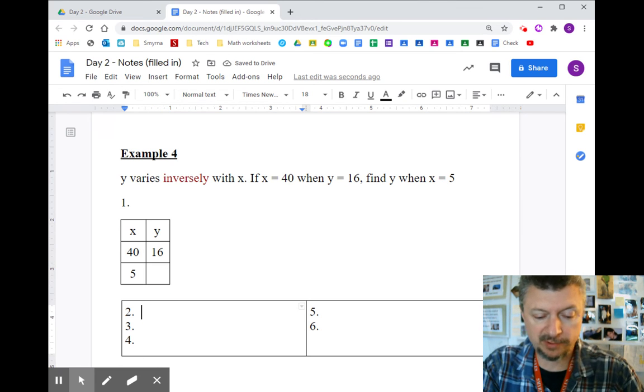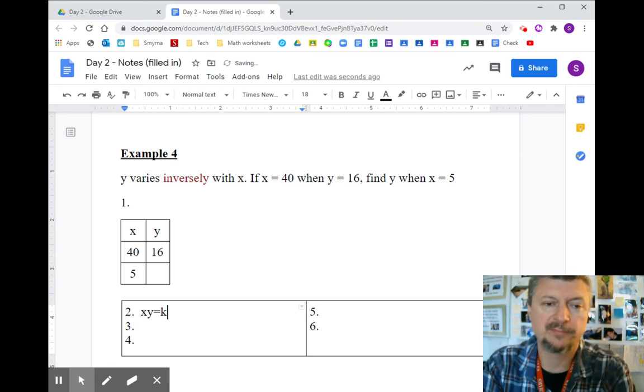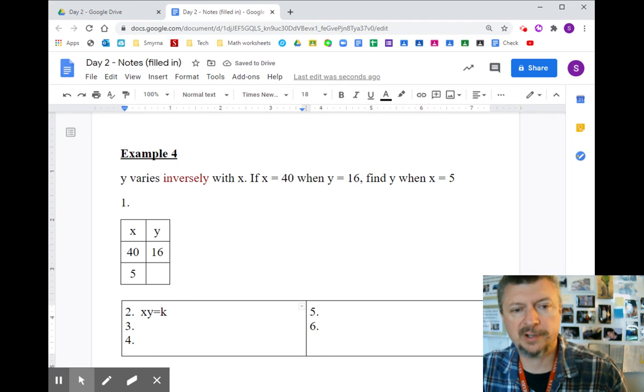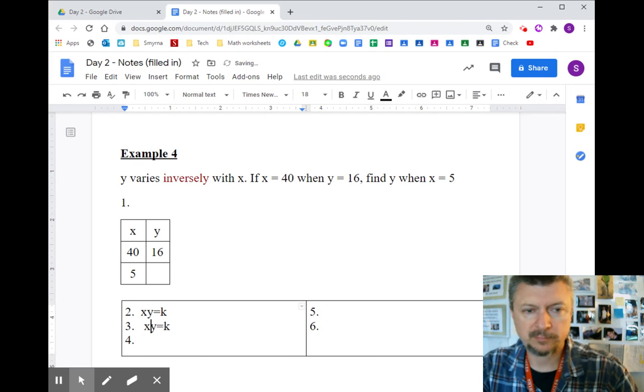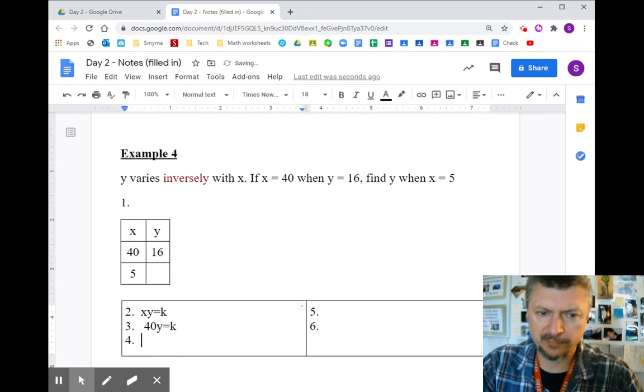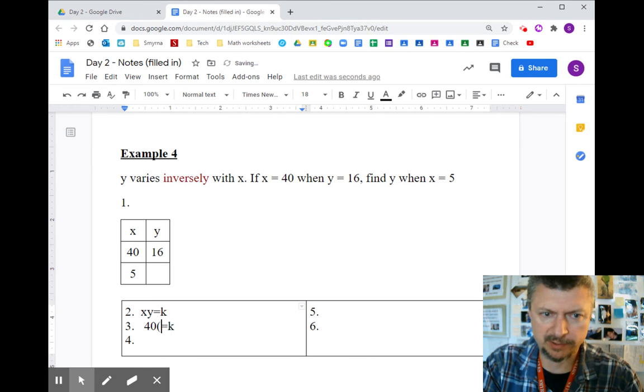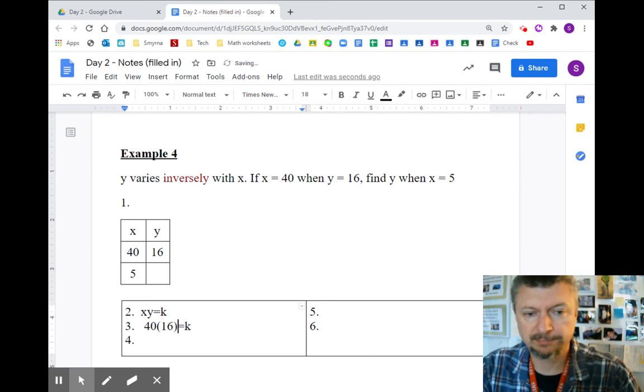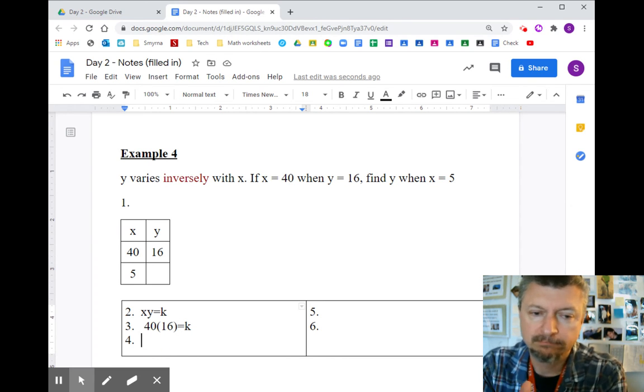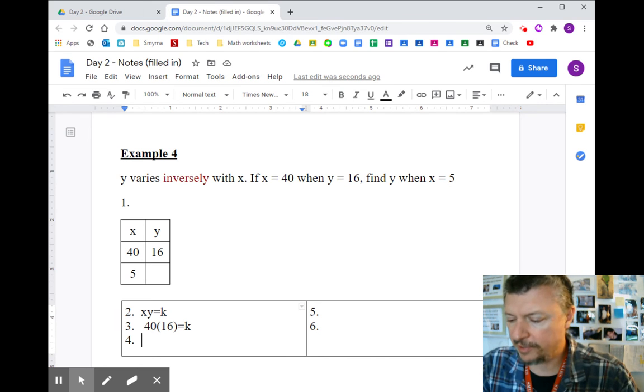All right. We just did the inverse, XY equals K. That's the general equation. We're going to plug in the numbers we know. We know X is 40 when Y is 16. And then what's 40 times 16? I think it was 640?